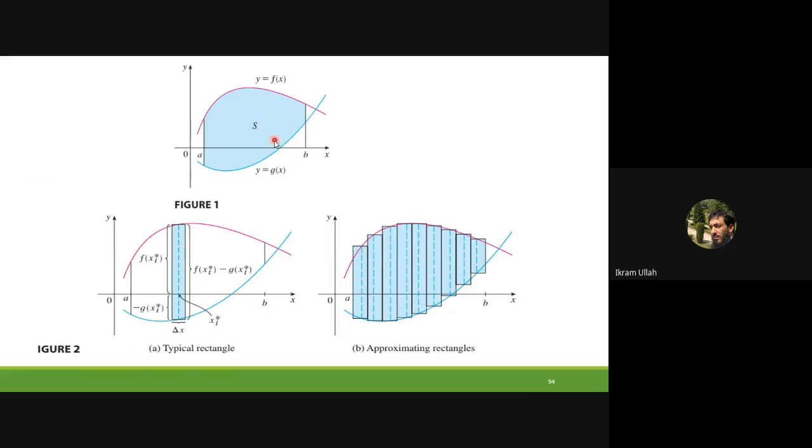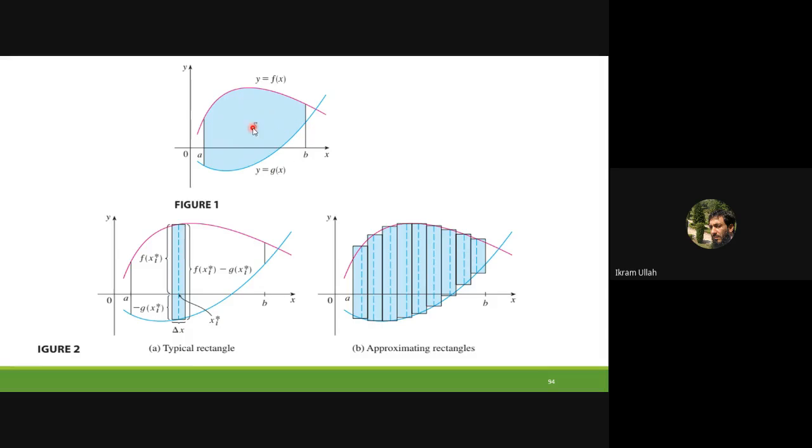Let us consider a region S between the two curves y equals f of x and y equals g of x, and between the vertical lines x equals a, this is one vertical line, and x equals b, the other vertical line.